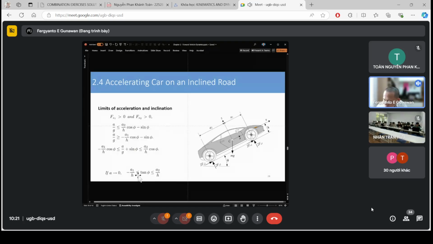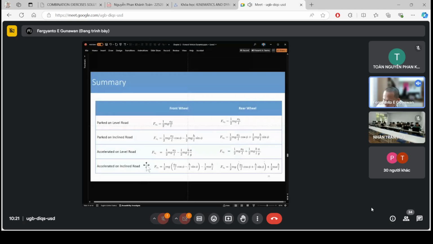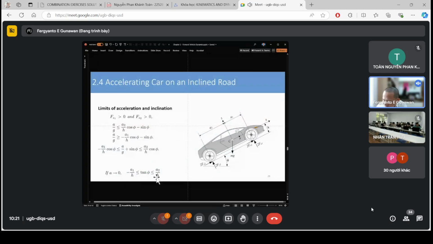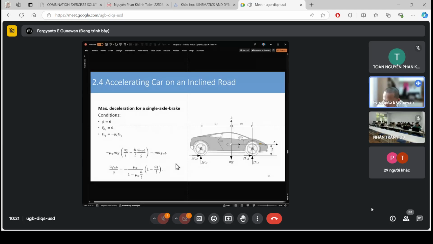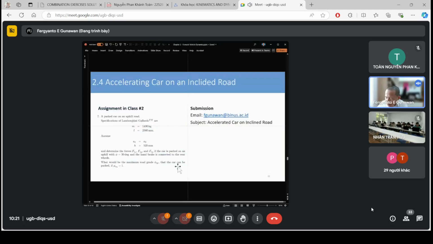If you have a four-wheel drive it is one thing, but if you have only a rear-wheel drive, then the maximum angle should not exceed this, right? Okay, so from that, I believe you can obtain the equation. Let me give you a simple illustration.